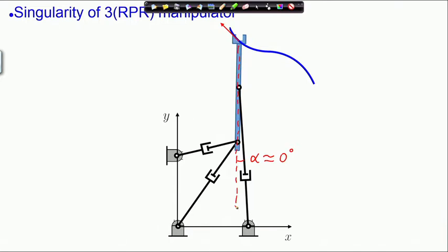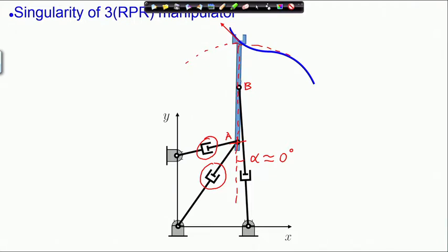The reason is, imagine that I have fixed these two actuators. So, this point gets fixed, this point gets fixed. Now, this output link can only rotate about point A. Point A is fixed.